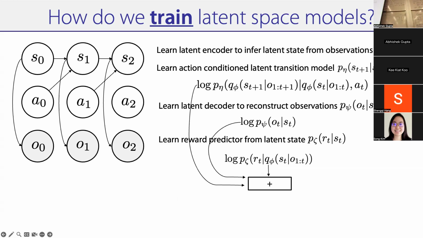So this is reconstruction. This is reward prediction. This is latent prediction. You're going to combine those objectives to train the model. And then at inference time, you're going to throw away reconstruction. You're just going to run steps in your latent dynamics model and pick the best actions.